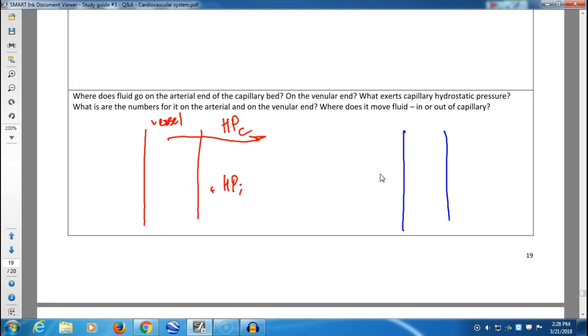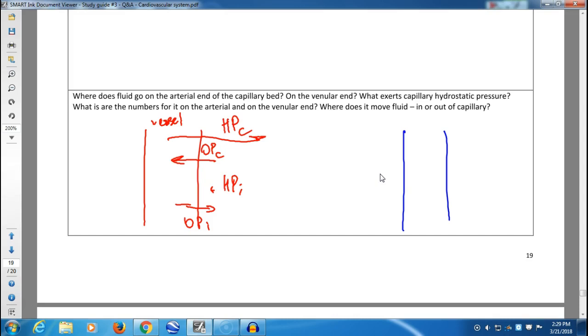From tissues to capillary, right? Does that make sense? It pulls it. And then there's osmotic interstitial, which pulls it back. Okay?